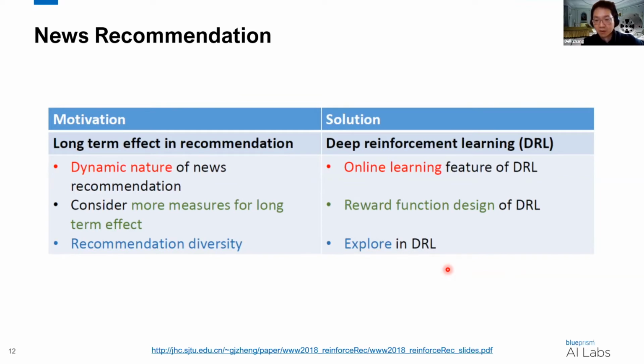So you could have a very complicated reward function, and also we have seen that reward shaping would help the learning. And last but not least, the diversity of the recommendation could be addressed by deep reinforcement learning in a principled way, because the trade-off between exploitation and exploration is built in for reinforcement learning algorithms.